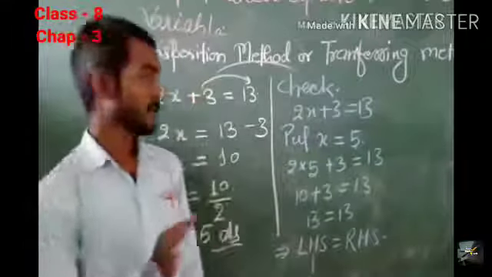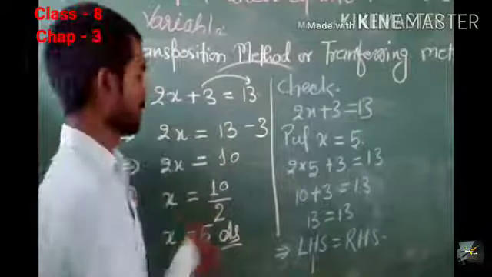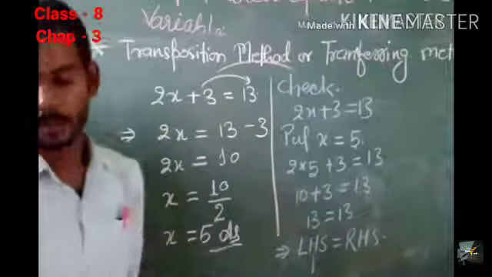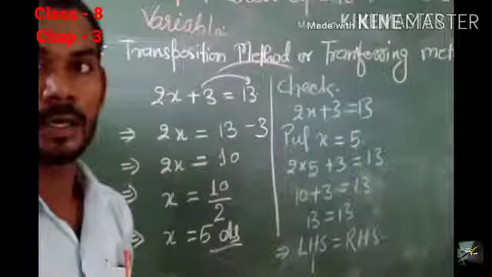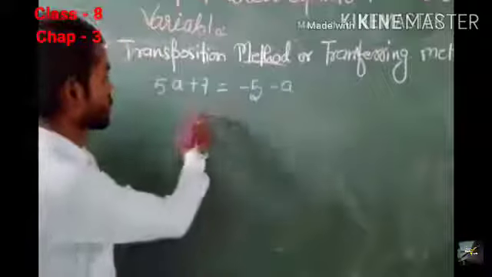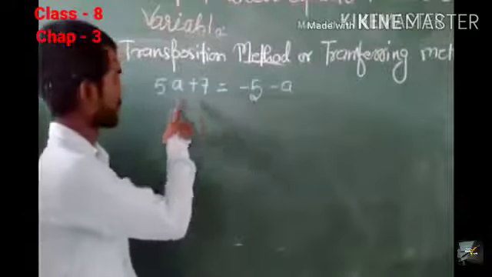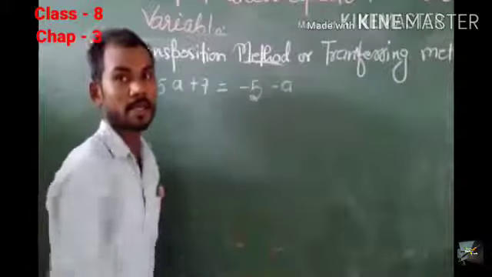I hope you have no problem in this solution. Okay, let us see the next question. Here the given question is 5a plus 7 is equal to minus 5 minus a.